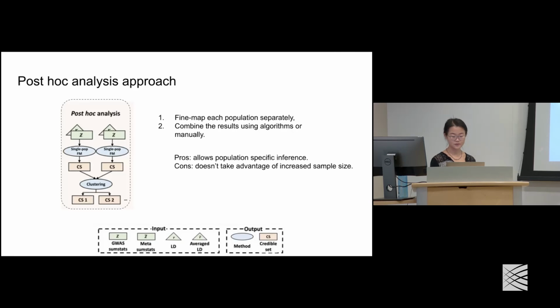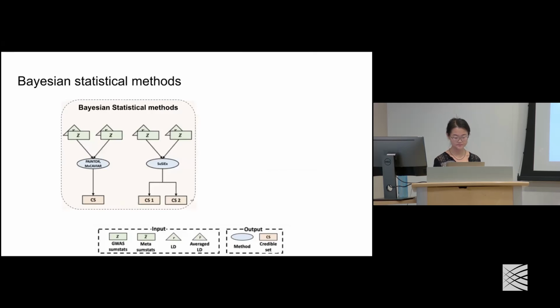So the pro is that it gives researchers a lot of freedom to interpret the results, and it allows for population-specific inference. But one of the cons is that it doesn't take advantage of your increased sample size. You're still just doing single population fine mapping, and there could be power loss there.